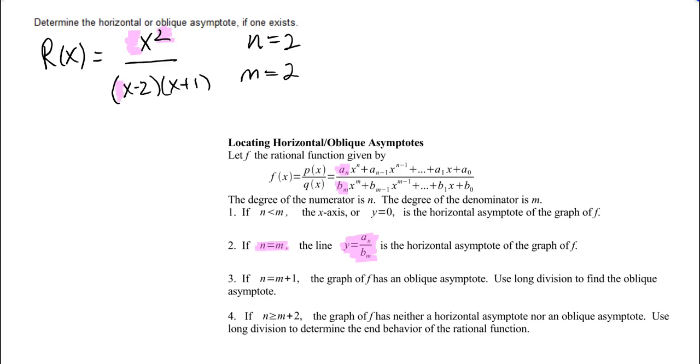And both of these have a coefficient of 1, and 1 times 1 is 1. So our leading coefficient, or our a sub n, for the numerator will be 1, and our b sub m, our leading coefficient for the denominator, will be 1 as well. So our horizontal asymptote is the line y equals 1.